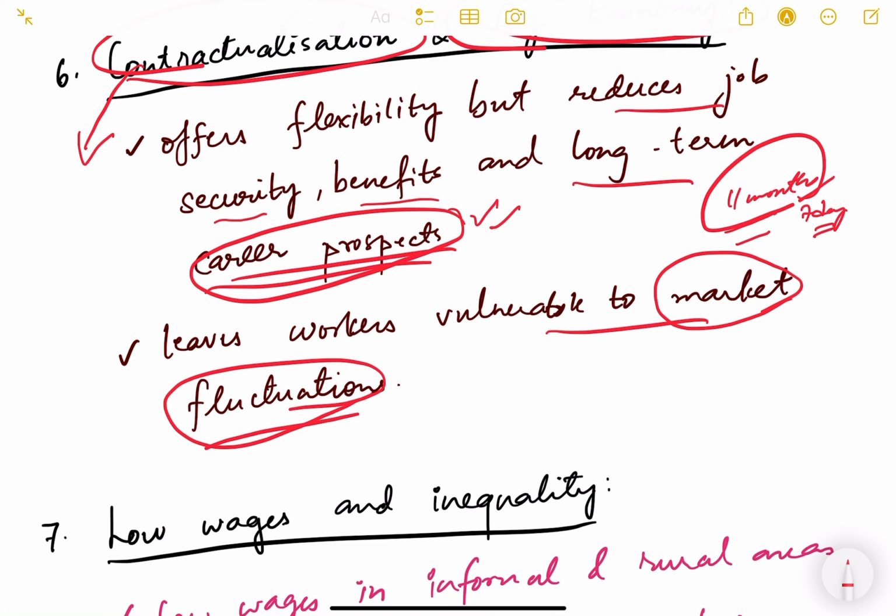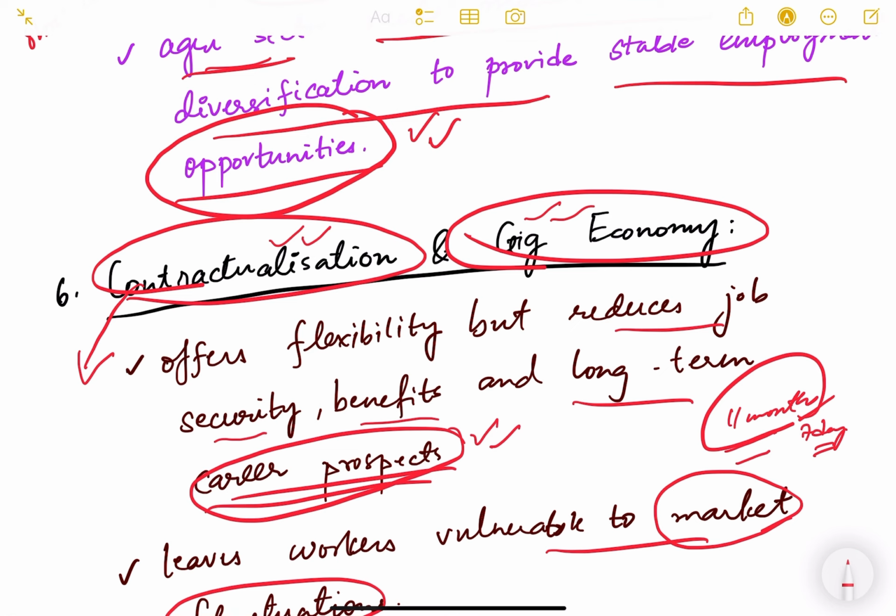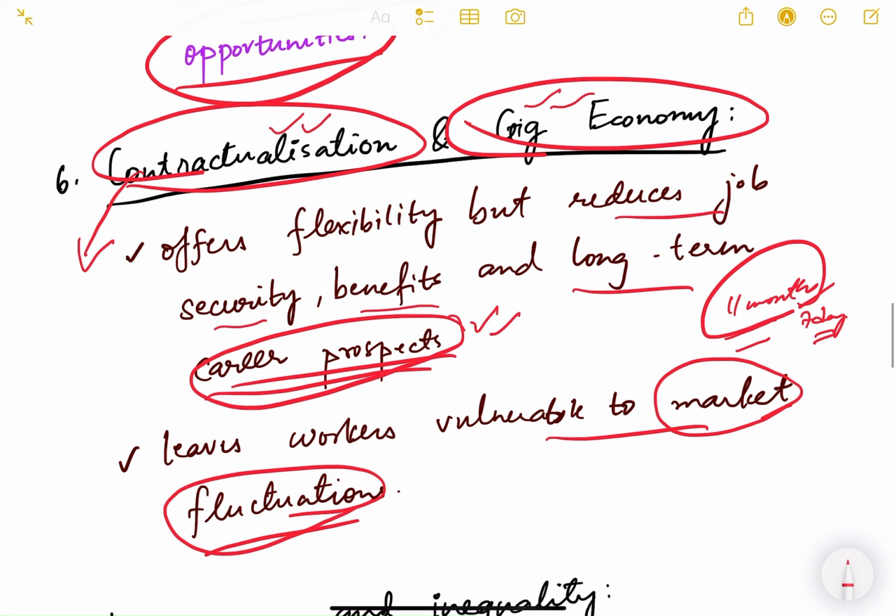Okay. And gig economy is basically a concept where people work as contractual or short-term project-based workers in project-based jobs. You must have heard about freelancing also, right?